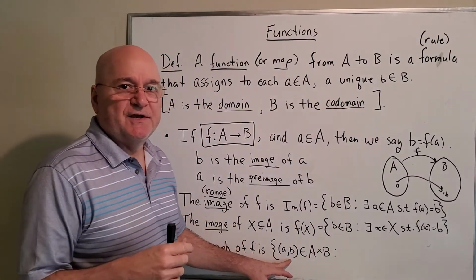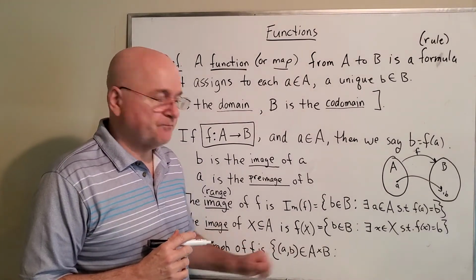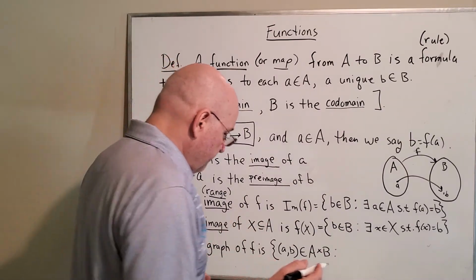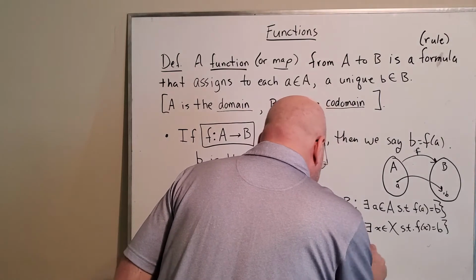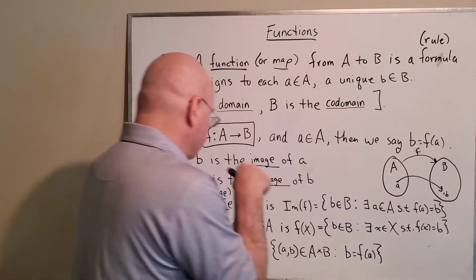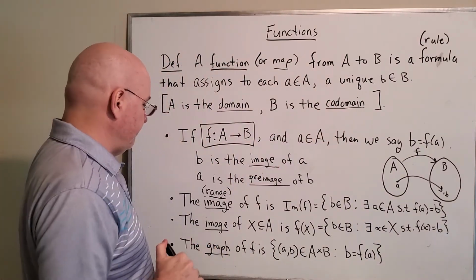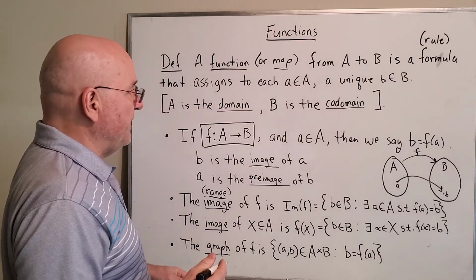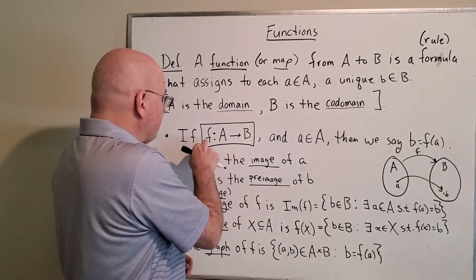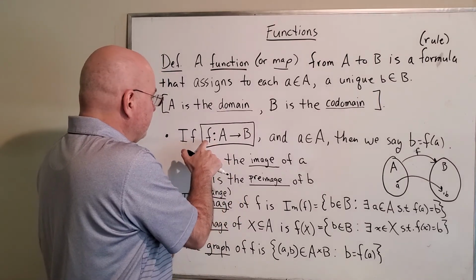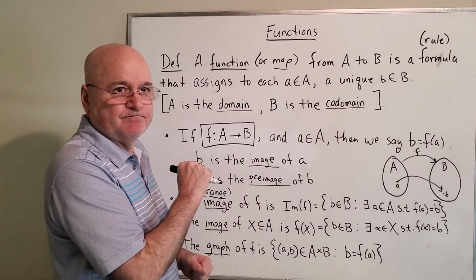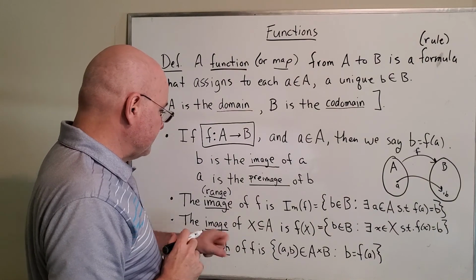All of the ordered pairs that are in the Cartesian product of A and B. So you pick little a from A, little b from B, that's an ordered pair, where all I have to say is b equals f of a. That's the set of all the ordered pairs, that's the graph of f. Sometimes I will even say it's the graph of A. It's the image of A, it's the graph of the function. You can say the image of f is the same as the image of A under f. So that's the graph, the set of all ordered pairs.